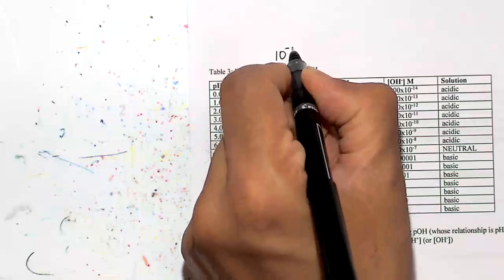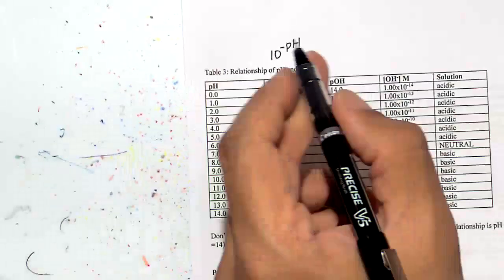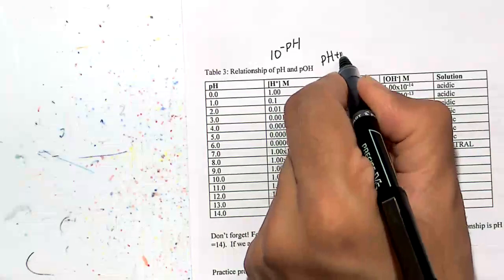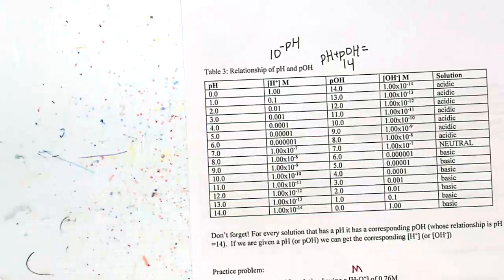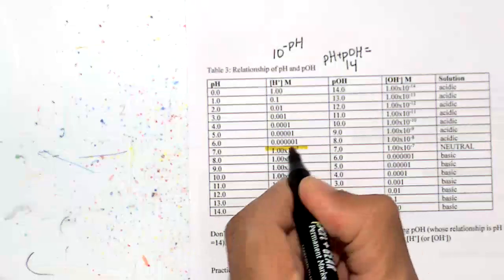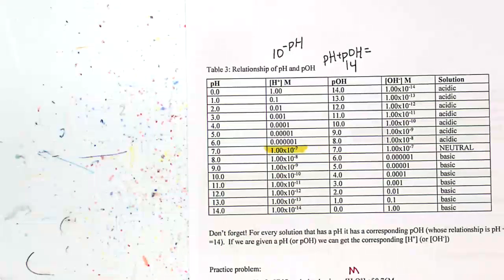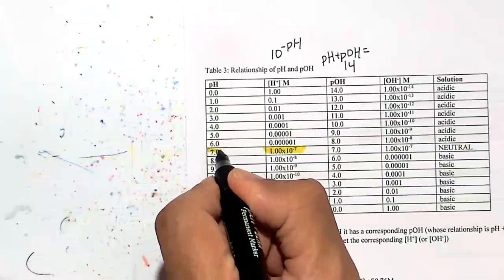It's 10 to the power of minus pH. And then how do we get the pOH? pH plus pOH is equal to 14. Okay. So if you have a pH of 7, this corresponds to a concentration of 1.0 times 10 to the minus 7 molar. And that's a pH of 7.